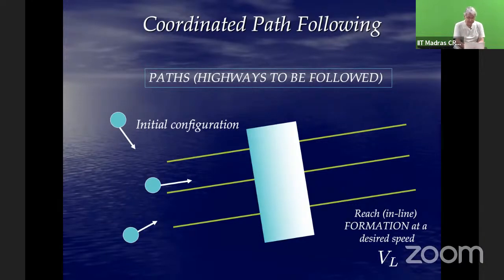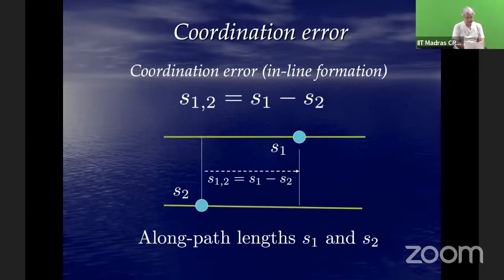And the basic idea is very simple. So this is what we want to do. In this case, three paths that are straight lines. You have three vehicles, and you want them to converge to the paths and then go along in a formation, which in this case is side to side. So how do you do this?